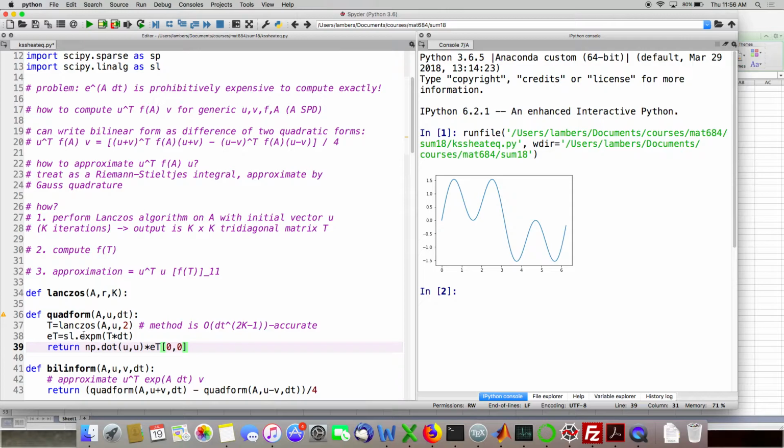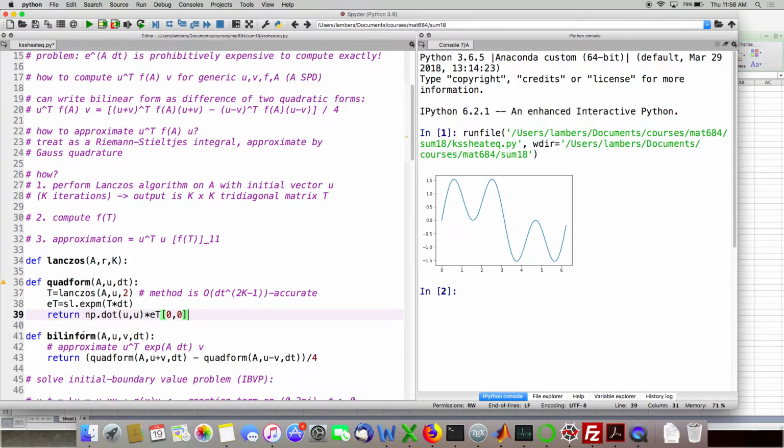And that function is done. Fortunately, these functions had very little to do. It's Lanczos where there's more work to be done, and I'll come to that in a little bit. But now I can call this function down below.